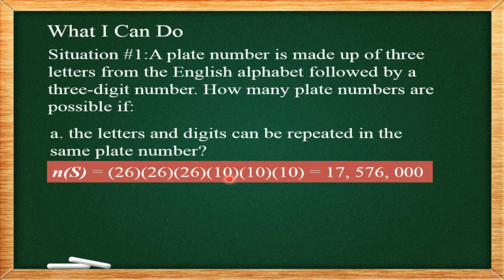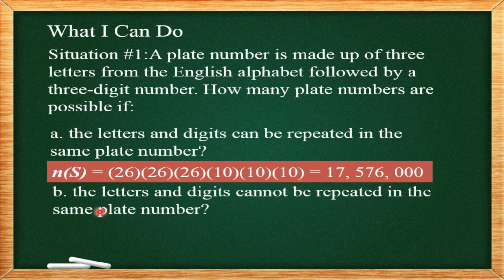What are these? 0, 1, 2, 3, 4, 5, 6, 7, 8, 9. For the second digit, because you can repeat, there are also 10. And then, for the third digit, there are 10. Multiplying all of these, you come up with the total possible outcomes, and that is 17,576,000.